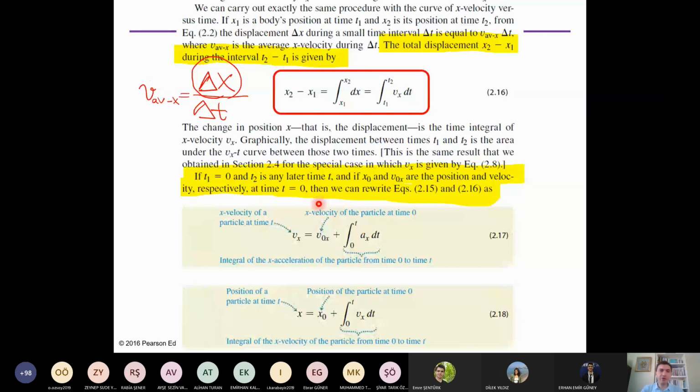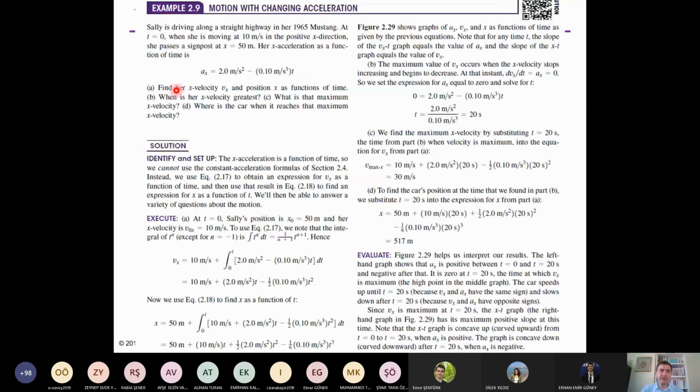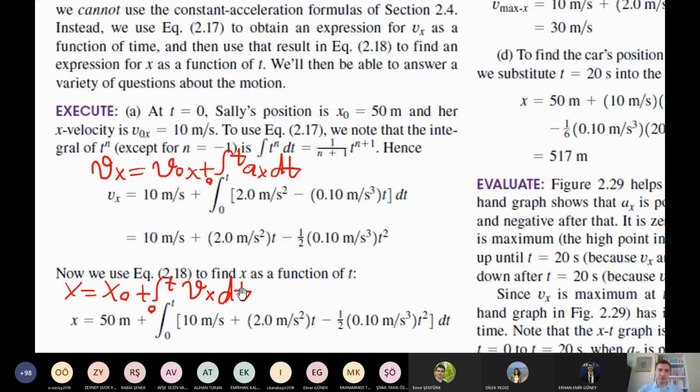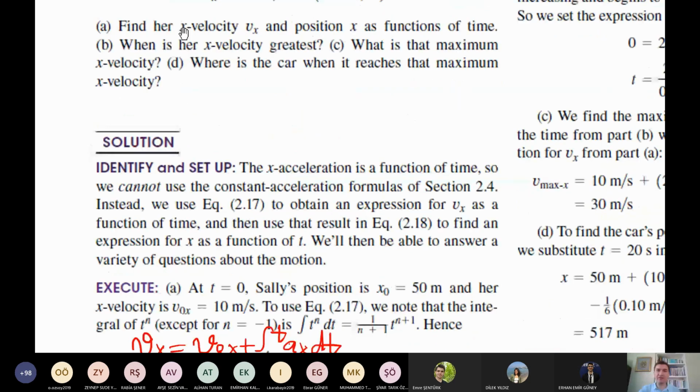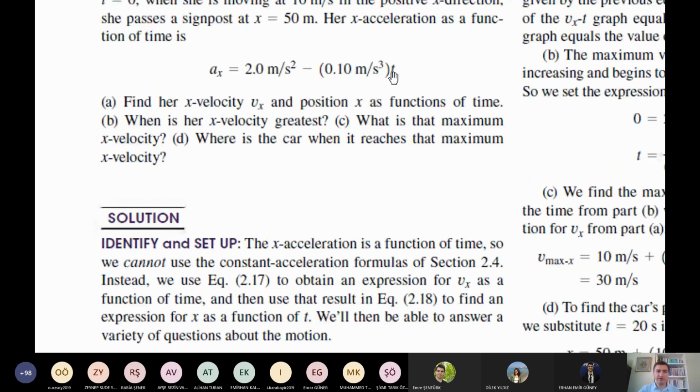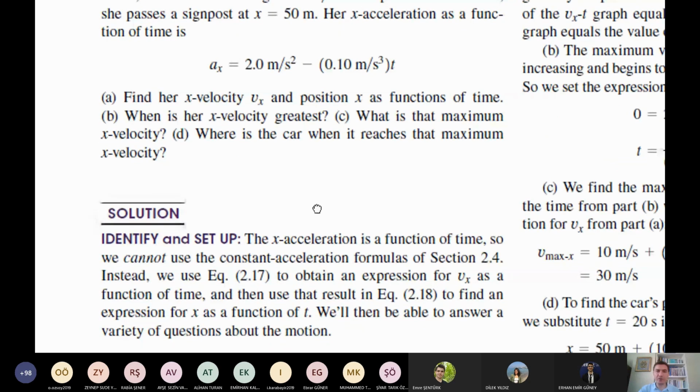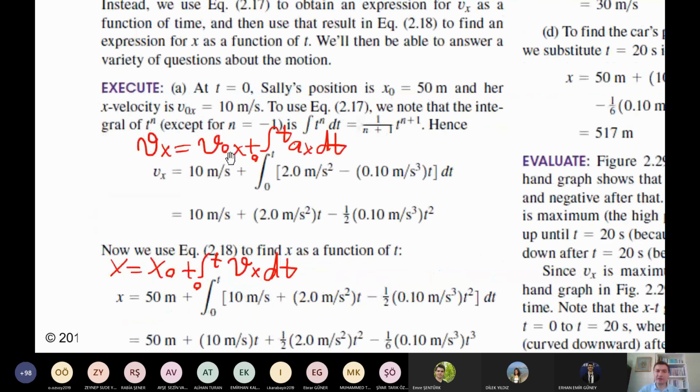So what was the first question? What is the x velocity and position as a function of time? The question tells us to find her x velocity v_x and position x as functions of time. Acceleration is given as a function of time, right? And here we have the v_x formula for non-constant acceleration. What is the initial velocity when the time is 0?